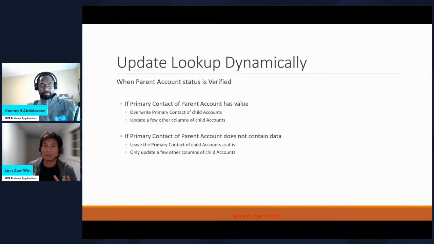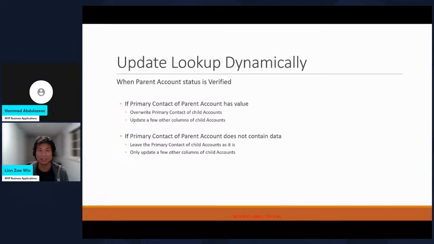Sometimes, if the primary contact of the parent account has a value, you will have to update the child account, but if the primary contact of the parent account doesn't contain data, we just want to leave it as it is.